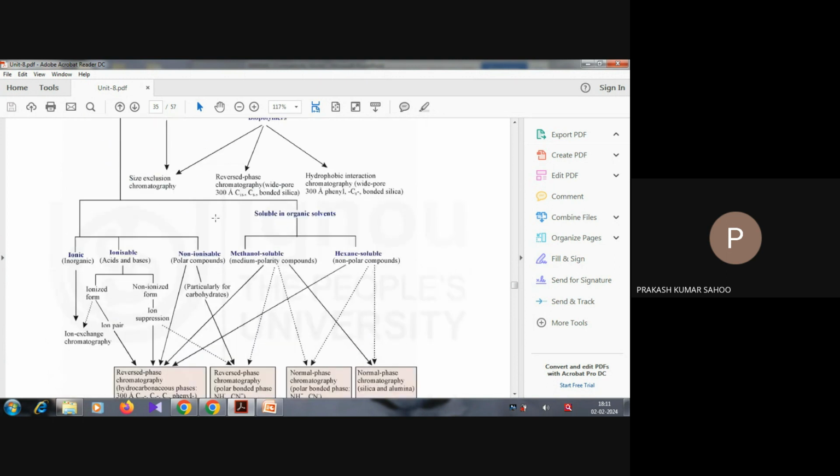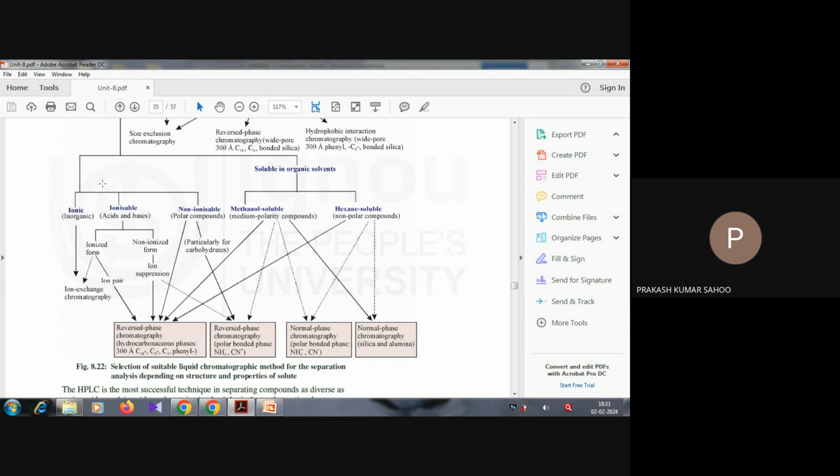If it is less than 2000, then it would be ionic, ionizable, or non-ionizable, and the second part will be soluble in organic solvent. It will be methanol or hexane. So two types of solvents are highlighted here under organic solvent solubility.